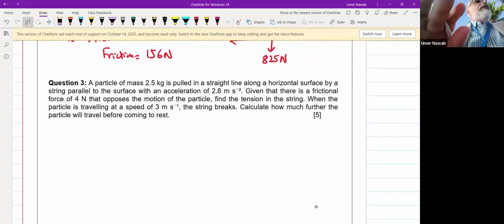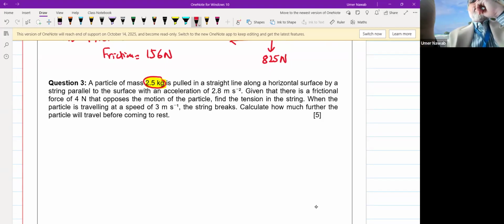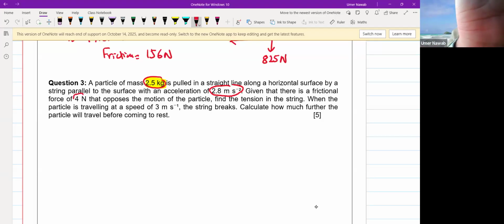Now we come to question number 3, guys. In question number 3, he told us the particle has a mass of 2.5 kgs, and is being pulled in a straight line along a horizontal surface by a string parallel to the surface, and the acceleration is 2.8 meters per second square, when there is a frictional force of 4 newtons that opposes the motion of the particle. Find the tension in the string.